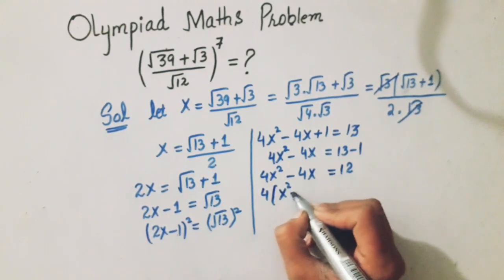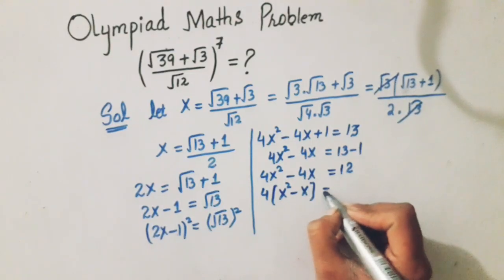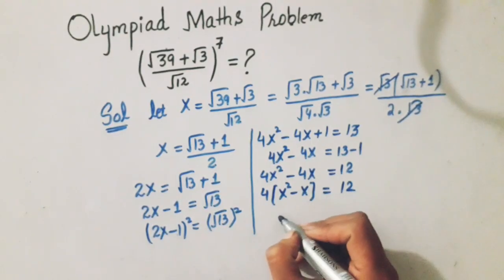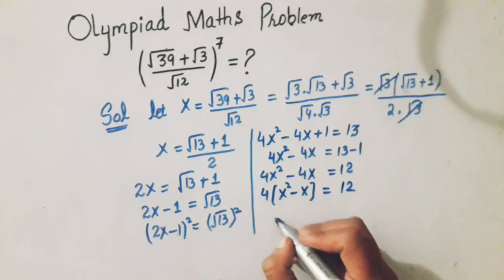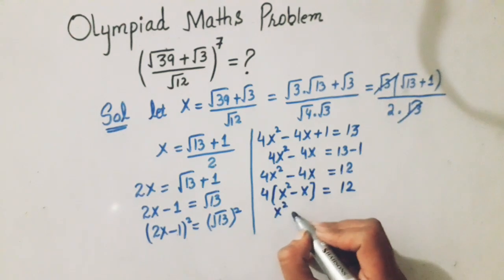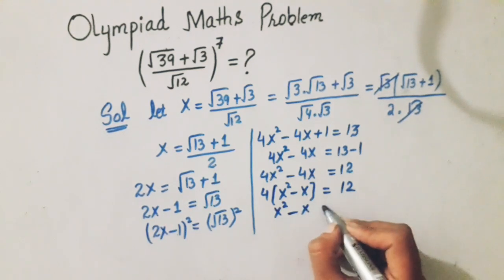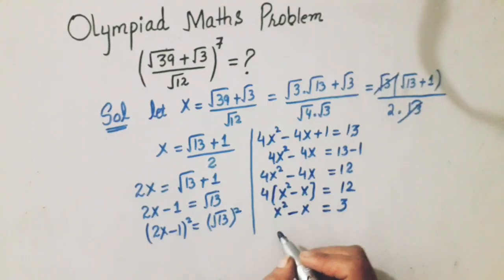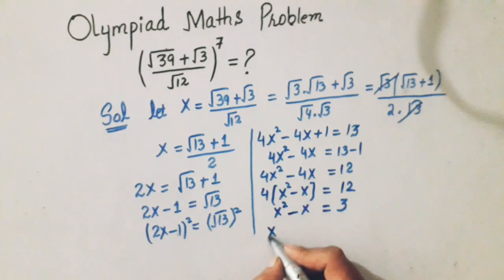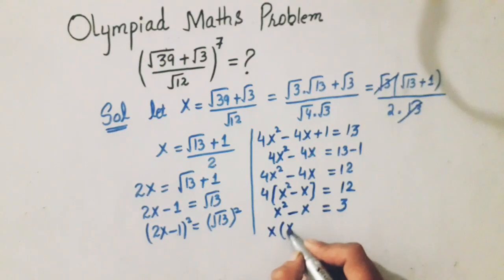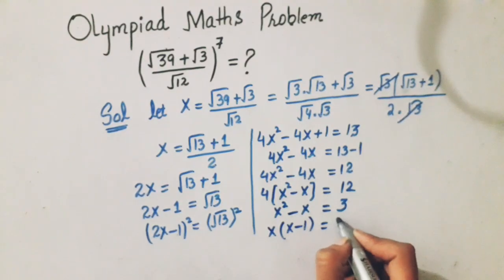So remaining is x square minus x, equals 12, so 4 is divided by this, so we get x square minus x equals 3. So we get this as x is taken common, x times (x minus 1) equals 3.